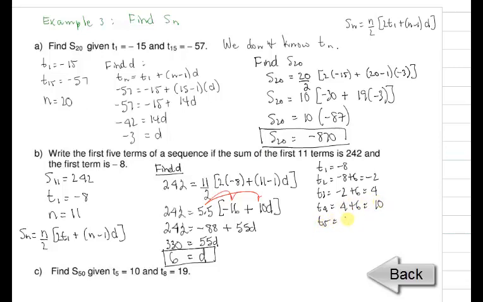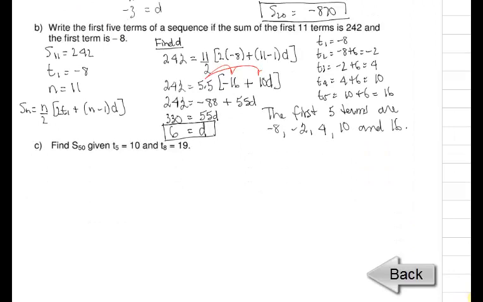And t5 is 10 plus 6, which is 16. So the first 5 terms are -8, -2, 4, 10, and 16.